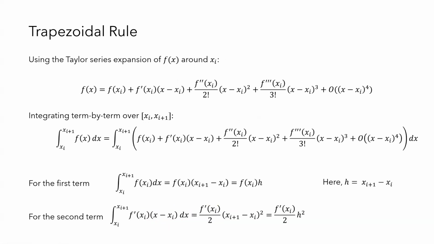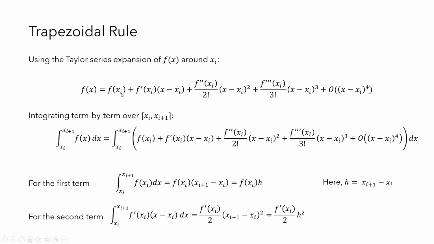Okay, so I'm trying to find the truncation error associated with this trapezoidal rule. Here we have the general expression for the Taylor series, and you will see that this Taylor series is written around xi.